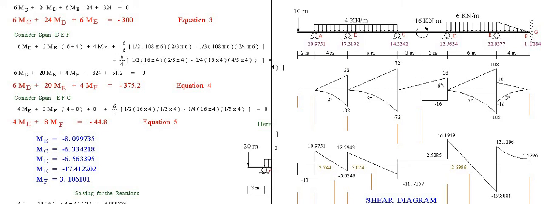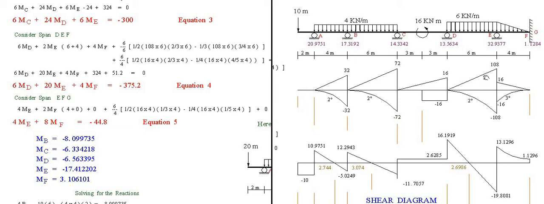Then the constant of the moment by part, 6 over the first span, 6, then 1/2 of 108 times 6 times the distance on the left as 2/3 of 6, then minus 1/3 of 108 times 6 times the distance from the left as 3/4 of 6.